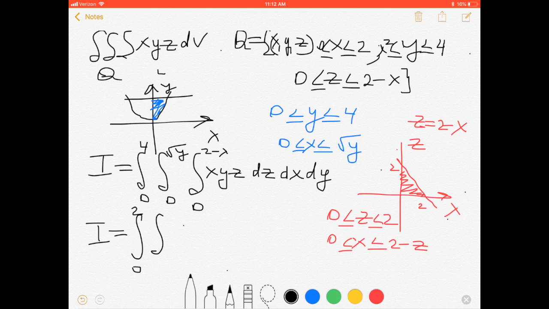For example, next will be x from 0 to 2 minus z. y will be from x squared to 4, of xyz. The first one is y, this means dy. Next one dx, and last one is dz.